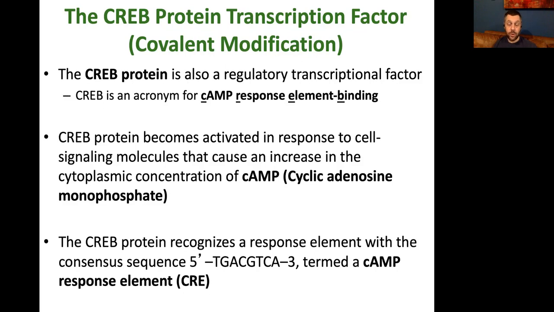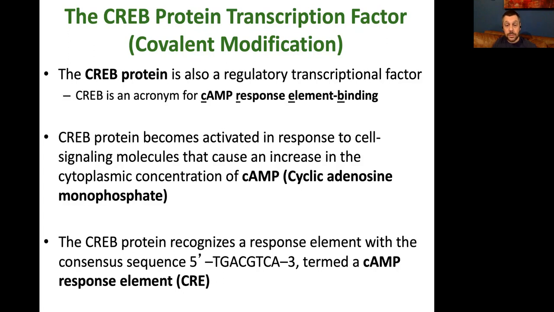Now, in the case of the CREB protein, if a cell responds to a special signaling molecule, levels of cAMP, which is cyclic adenosine monophosphate, a very famous signaling molecule that's inside a cell, will go up.